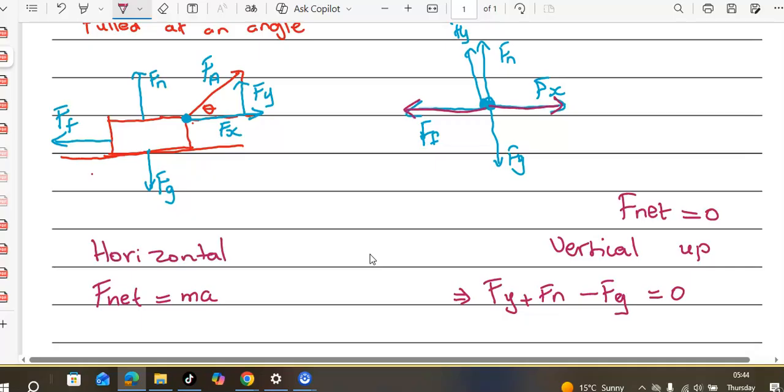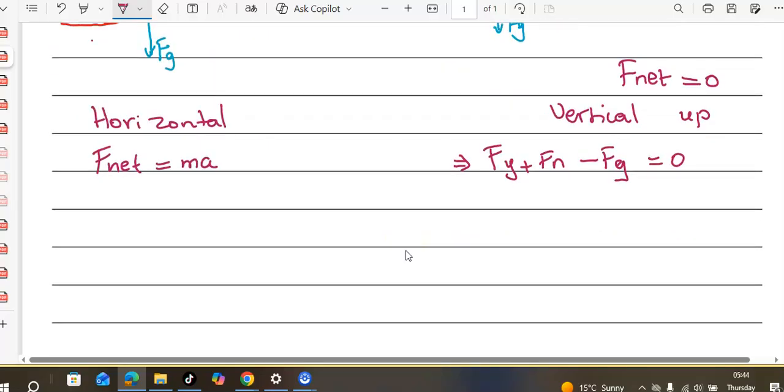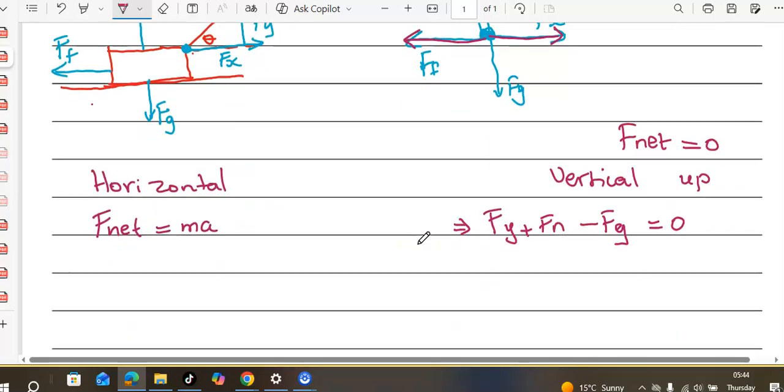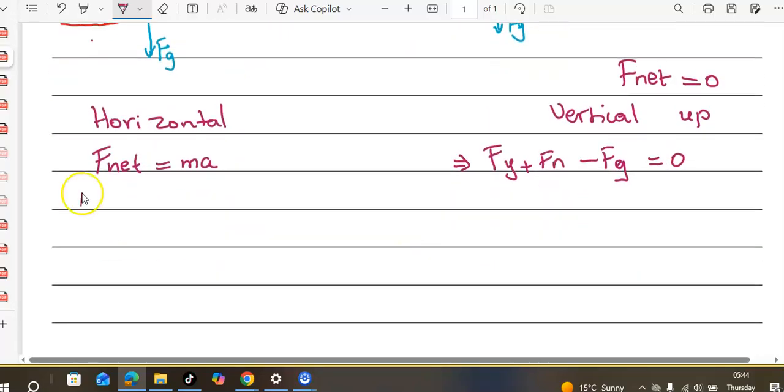The frictional force. So what you're going to do with that information, you're going to say, okay, we choose the direction of the motion as positive. So Fx will be positive. So I'm going to say this is my Fx. Fx, we minus our frictional force, equate this to ma.